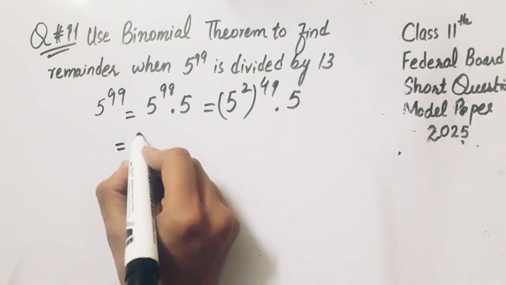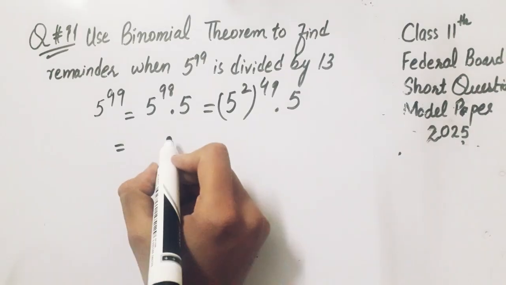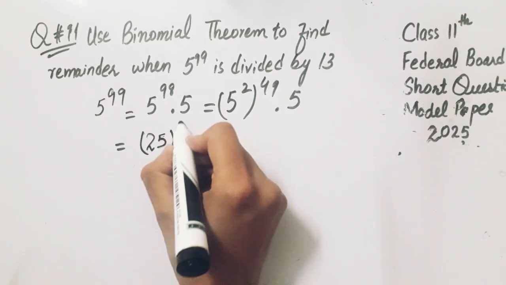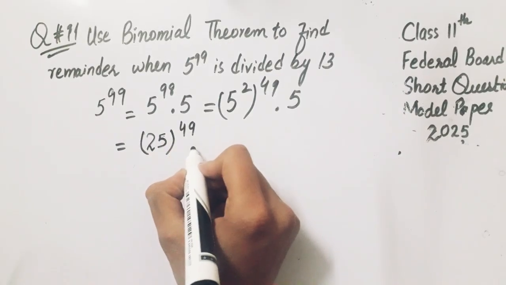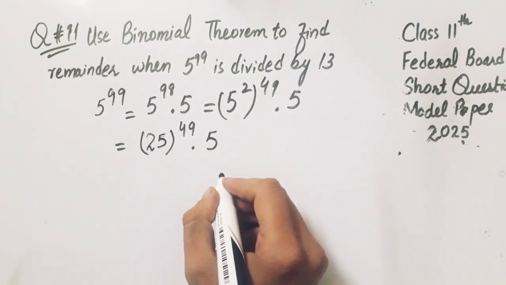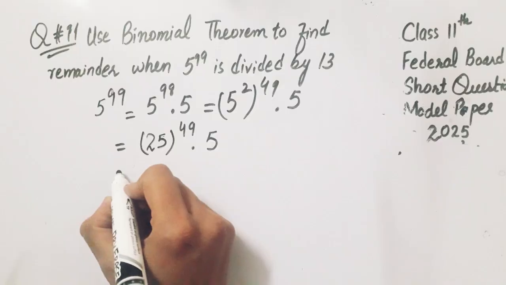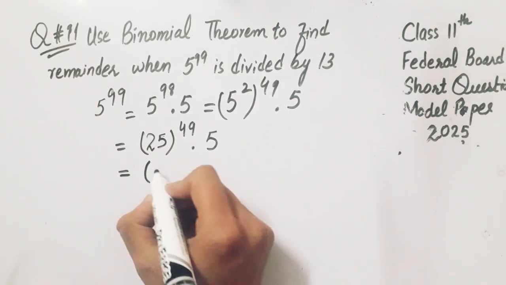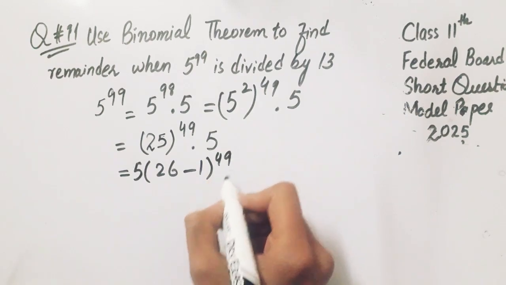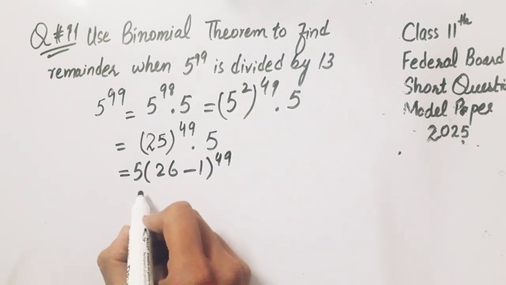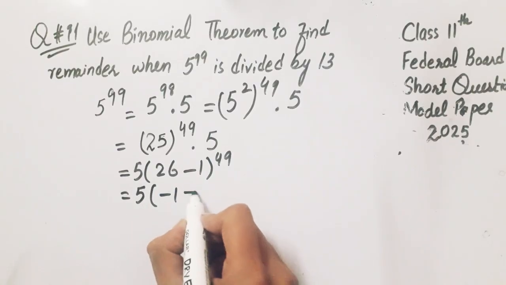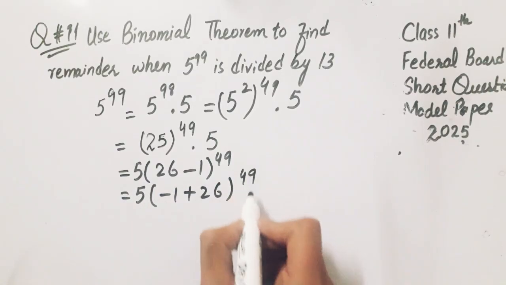So this is equal to 5 into 25 raised to power 49. Now 25 can be written as 26 minus 1 raised to power 49, or we can write this as minus 1 plus 26 raised to power 49.